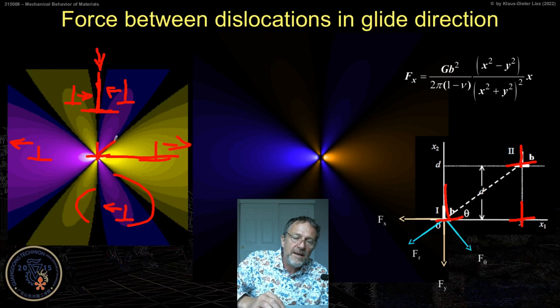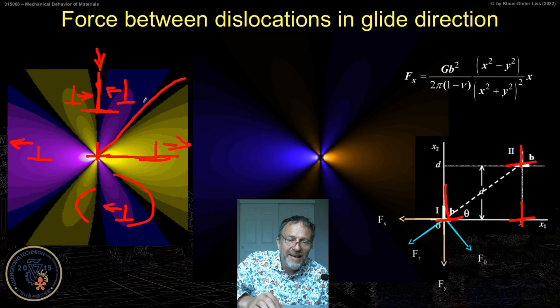Note, there's also this 45-degree line where the forces also become 0. But if I deviate by some fluctuations a little to the right, then I go into this yellow field, where the forces become larger and larger, and I move away from this 45 degree line.